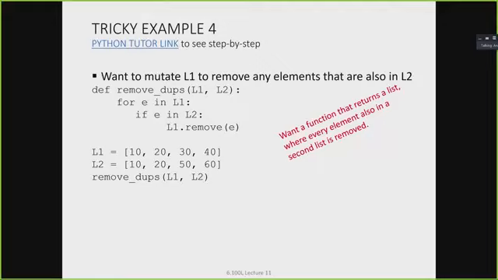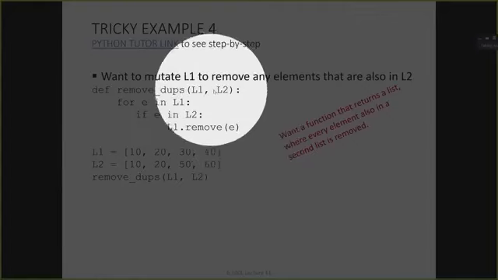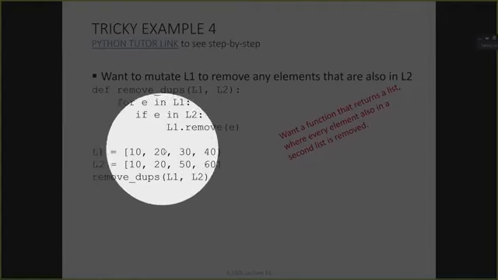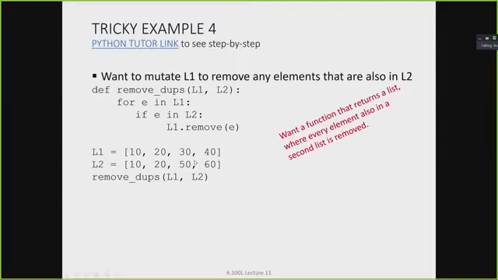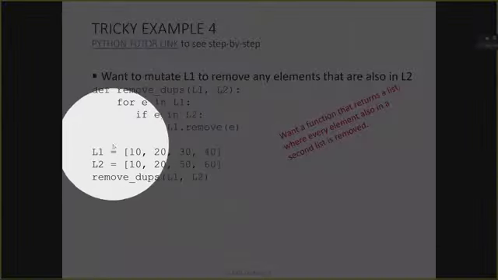This will be in the context of a function called remove duplicates. This function will take in 2 lists. So as an example here, I've got a list with 10, 20, 30, and 40 in it, and I've got another list with 10, 20, 50, and 60 in it. The purpose of this function is to mutate L1. Okay?